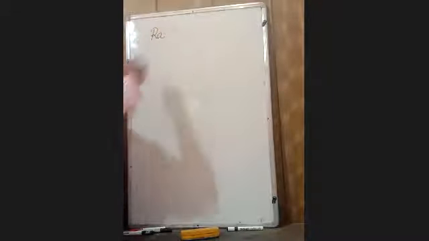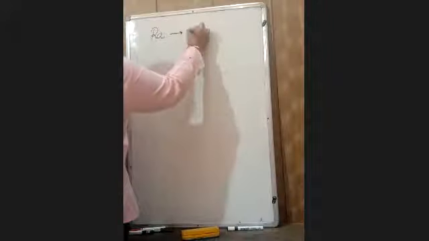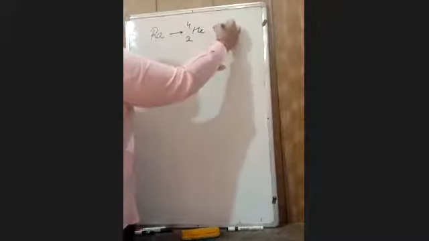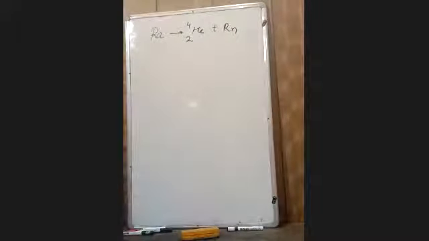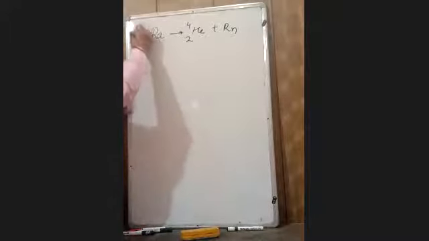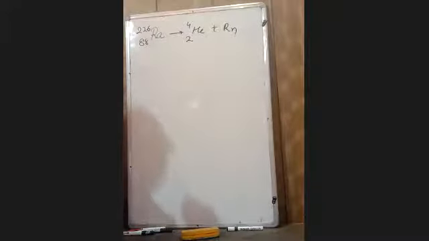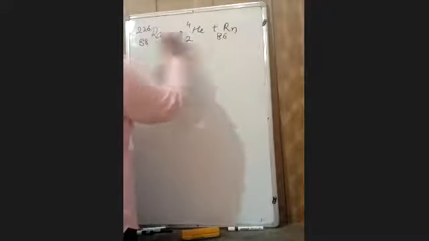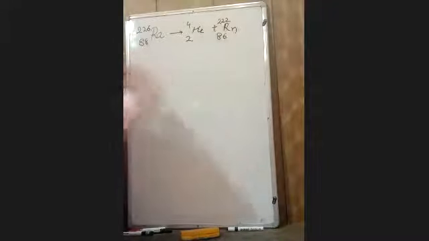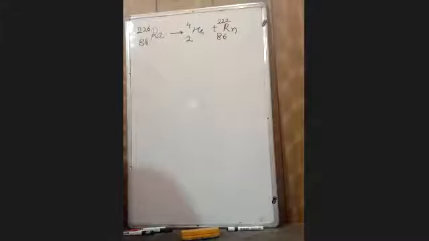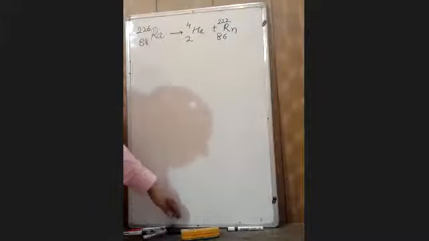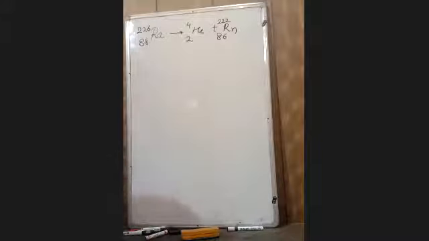For example, radium undergoes radioactive decay to form helium and radon. Fine, it follows first order kinetics. Suppose this equation is given to you, then it is radioactive decay. It follows first order kinetics.